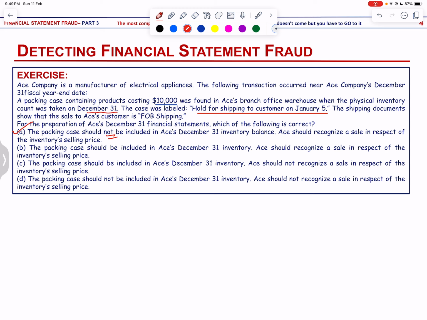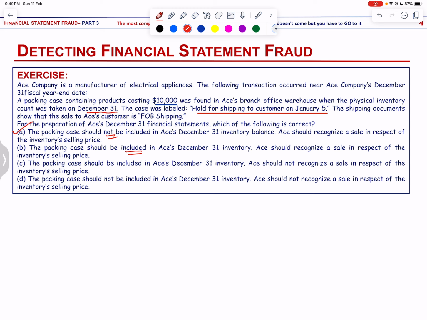So, A is not correct. Then, number B, the packing case should be included in ACE's December 31st inventory. ACE should recognize a sale in respect of the inventory selling price. Once again, option B is incorrect because of the same reason. ACE cannot recognize a sale before 5th of January.